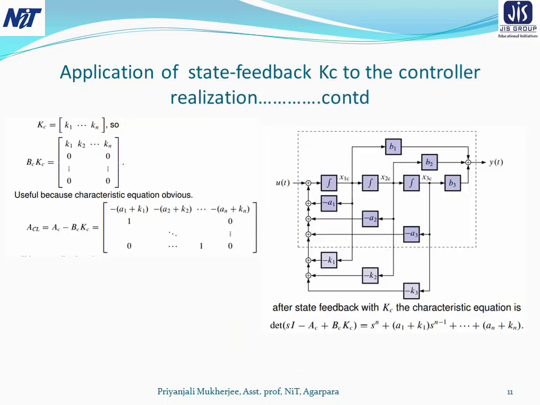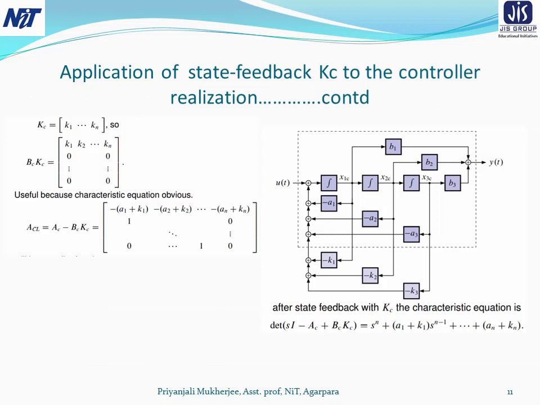K_C is a vector and it will have the same order. As A is a 2 by 2 matrix, it will be a 1 by 2 matrix, and if it is an n by n matrix, then K will be a 1 by n matrix. So K_C is written as K1, K2 up to Kn. So B into K, which gives us B_C into K_C, is equal to K1, K2 up to Kn, and then the remaining terms will be 0, 1, 0 like this.